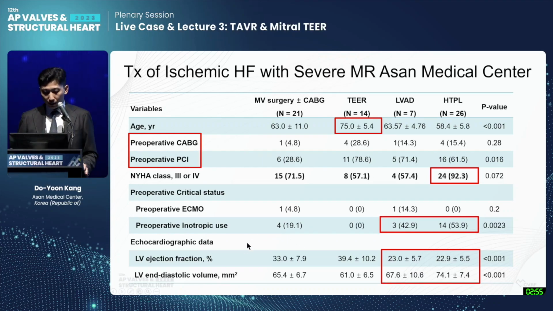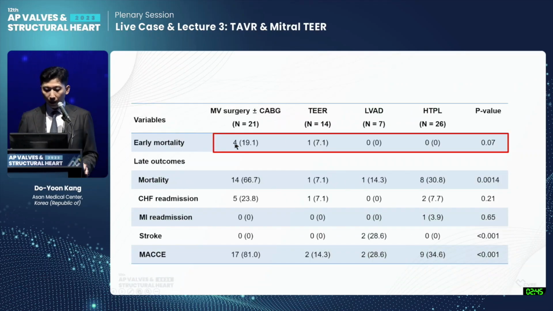The preoperative echo shows the worst profile in LVAD and heart transplantation patients, with a larger LV volume. And early mortality was highest in mitral valve surgery and/or CABG.